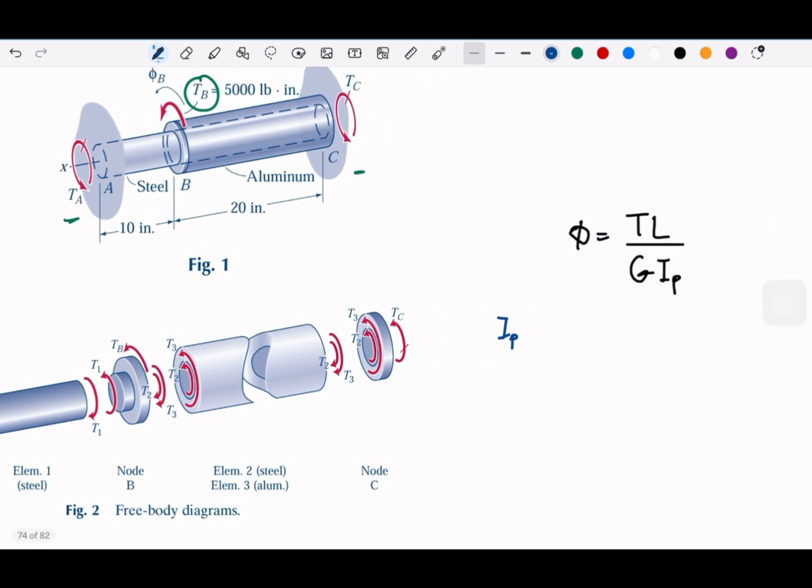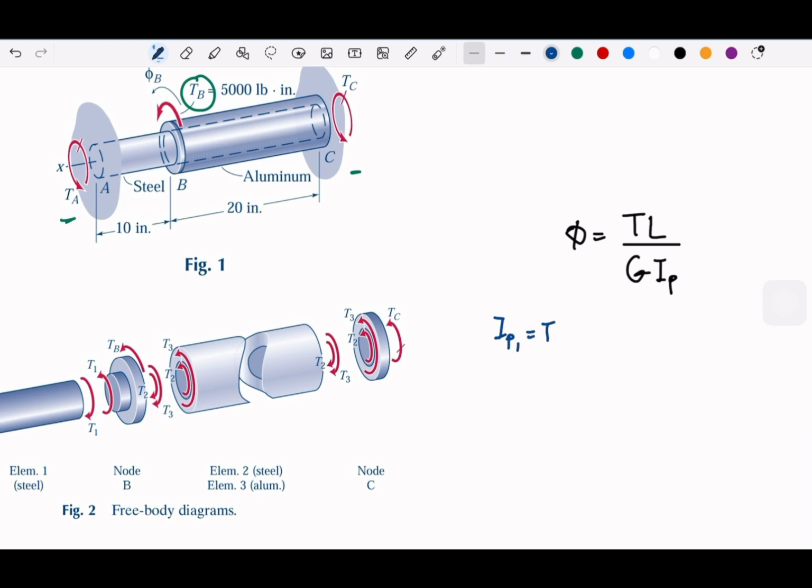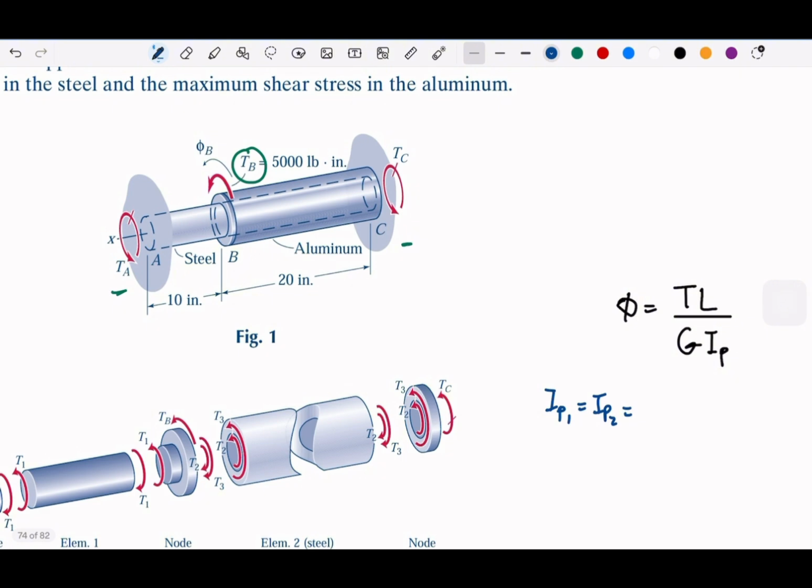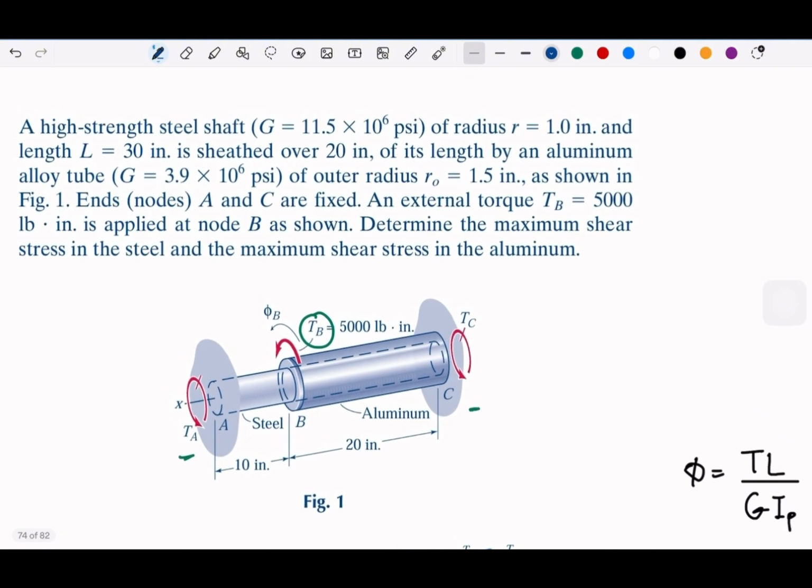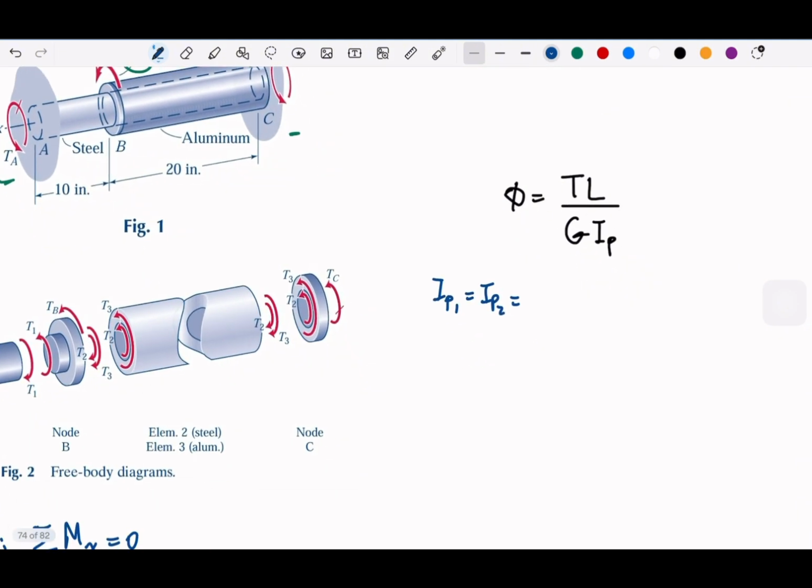So we can say element 1, the inertia will be the same. And they have the same length, and diameter is also the same. So pi over 2, diameter is 10 or 1 inch, sorry, with power of 4. And we can compute this, and this is the result.